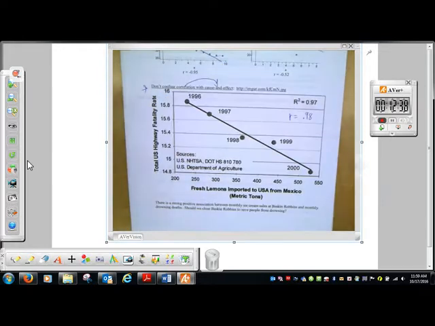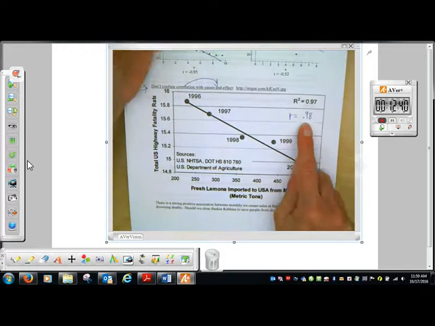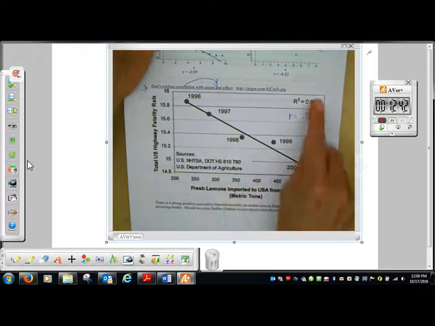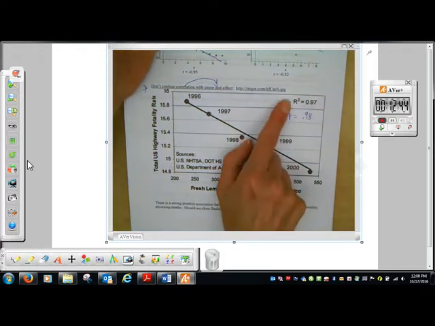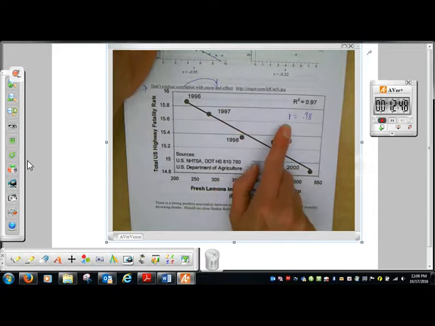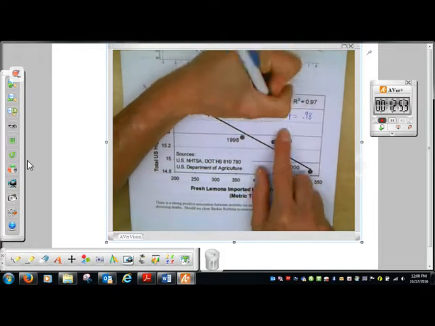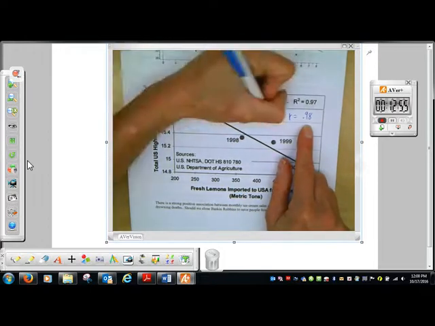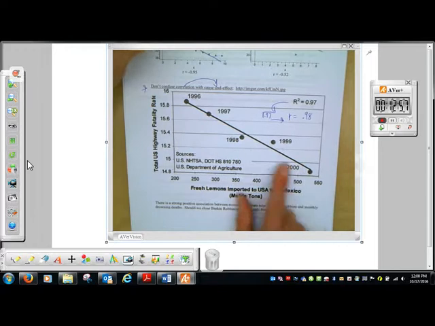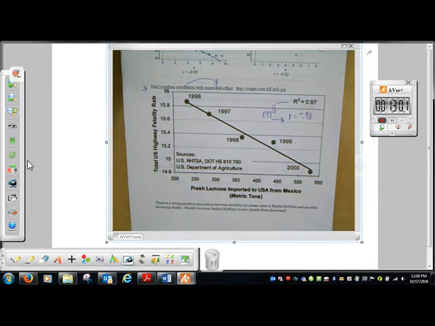Now look at this. This says it's a positive association. This is definitely negative. So if you are given R squared, which is called the variability, we'll talk about that more later. To find R, you just take the square root of 0.97, which is 0.98. But then you have to look at, is it positive or negative? This is definitely negative. Now you have to think through that on your own.